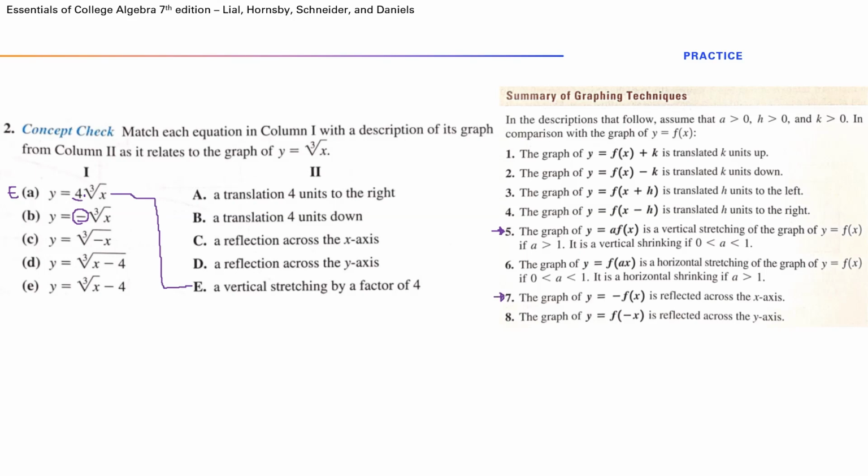So reflected across the x-axis, B with C. Then we have the negative inside, that 8 inside, that is reflected across the y-axis. So we have C with D.